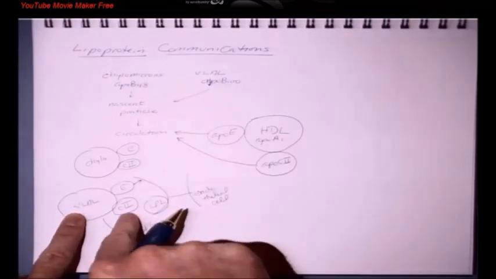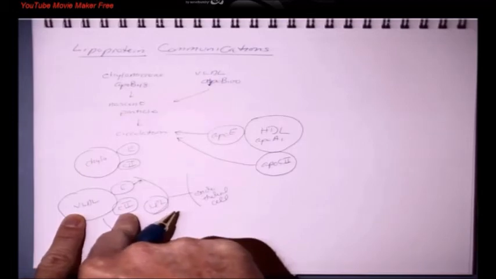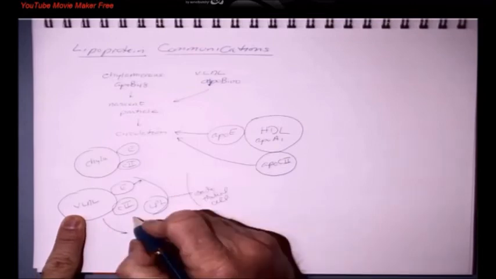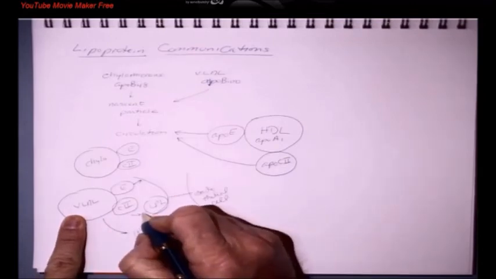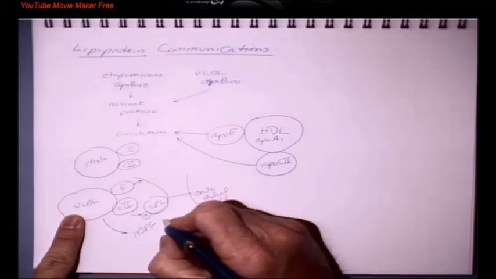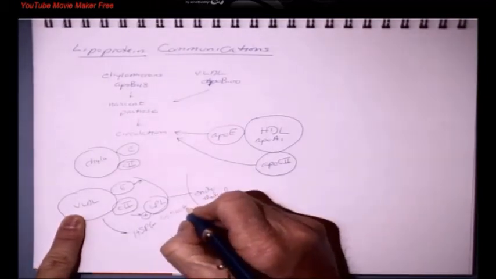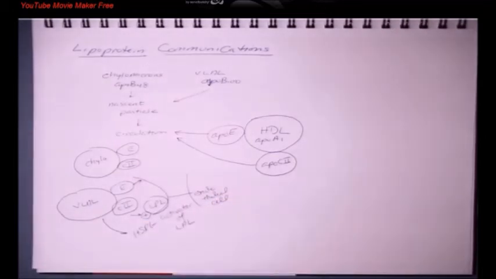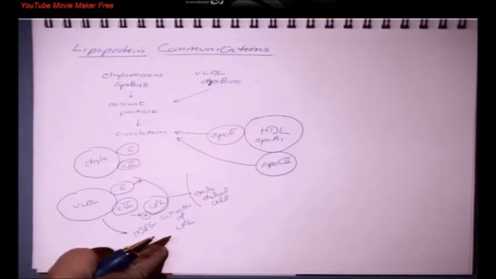What about ApoC2? ApoC2 is an activator of LPL. So again, this is exactly like the pancreatic lipase. Pancreatic lipase is ineffective in the gut to hydrolyze triglycerides because it needs, what's its accessory protein?